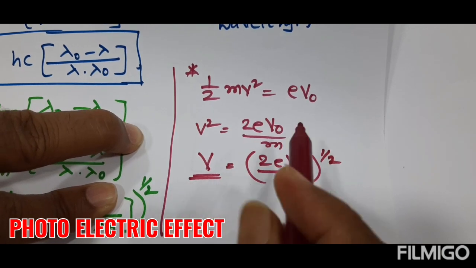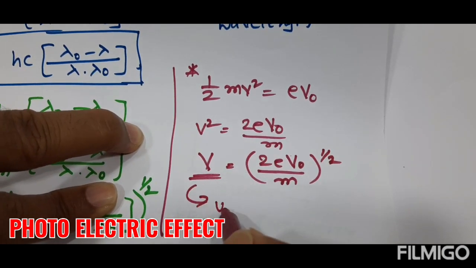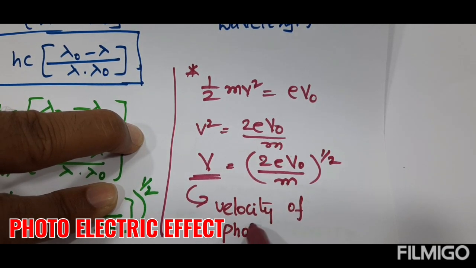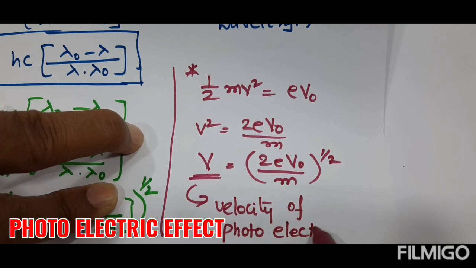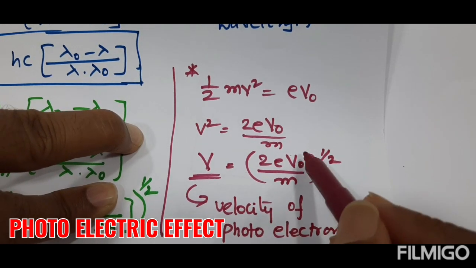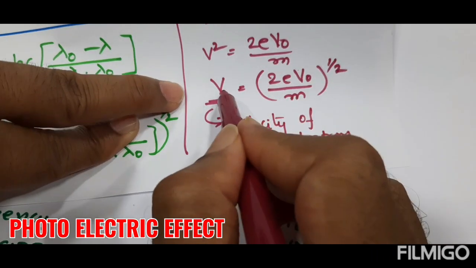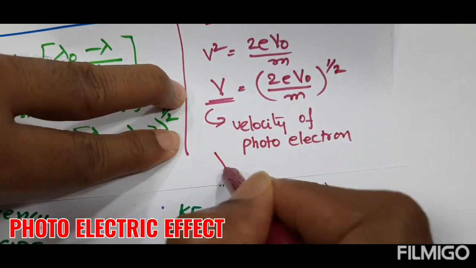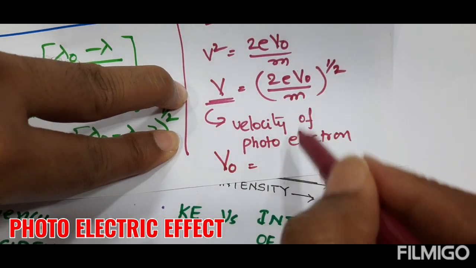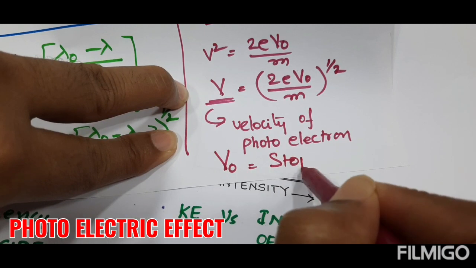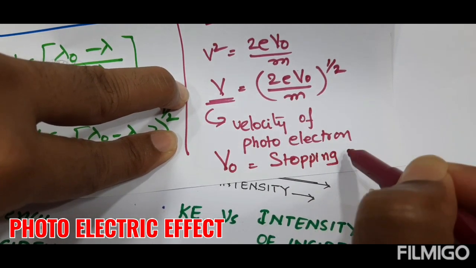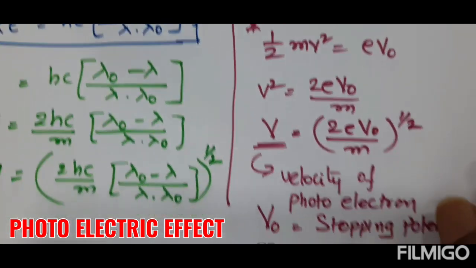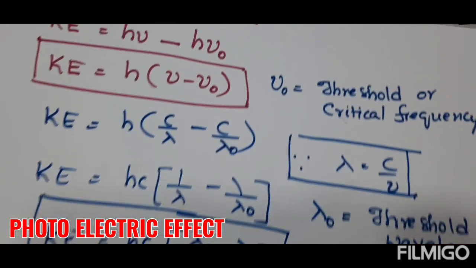This is also the velocity of the photoelectron when the stopping potential is given. This is the V naught, called stopping potential. Right? These are all our mathematical relations of the photoelectric effect.